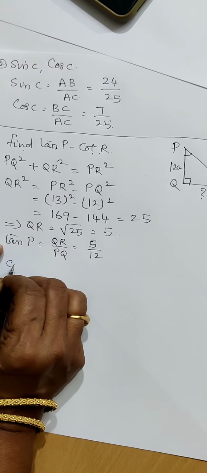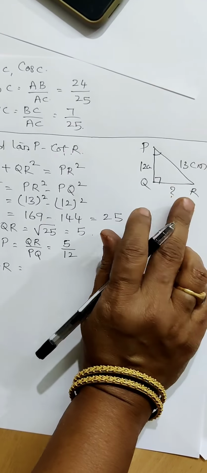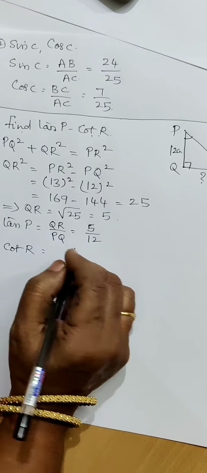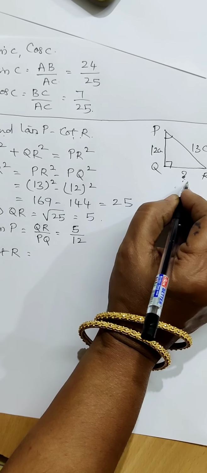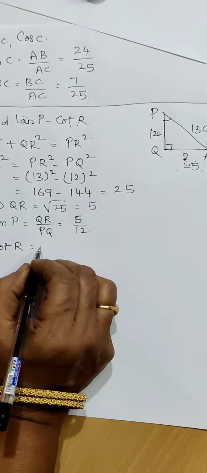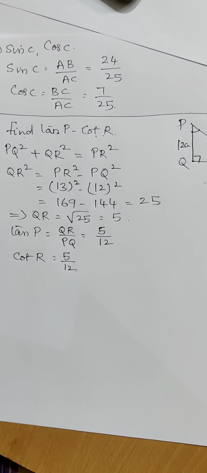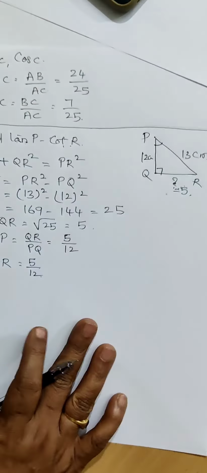Next, cot R. Cot means adjacent by opposite. Adjacent by opposite means, what is QR? QR is 5. So 5 by 12. Cot R is 5 by 12. Tan P is also 5 by 12.